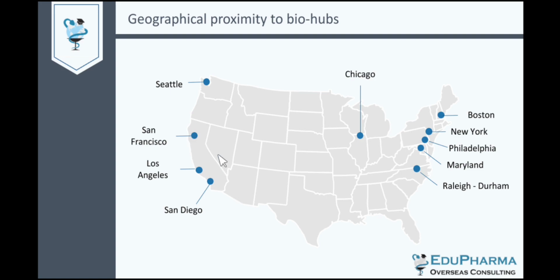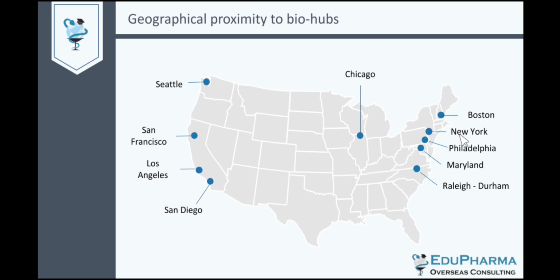So what you see is, on the west coast, which includes cities like Seattle, San Francisco, Los Angeles, San Diego, there are lots of pharmaceutical companies around these areas, and that's why universities around these areas will have a lot of industrial focus.